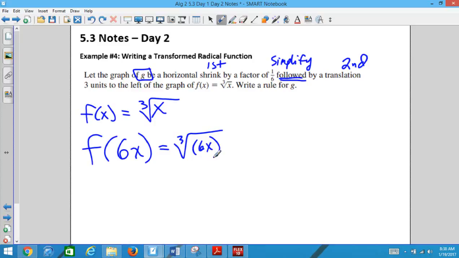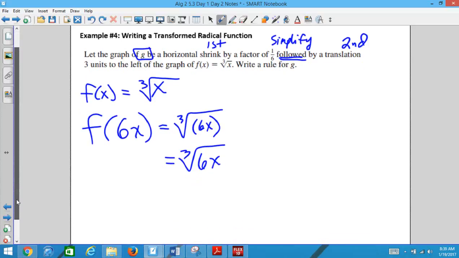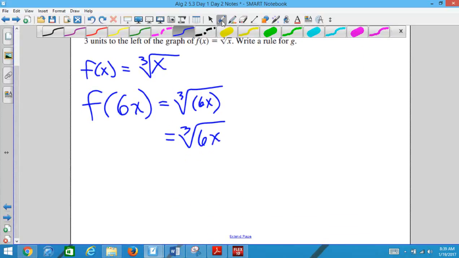Is there anything we can simplify? Parentheses out. We don't really need parentheses, right? There might be some things that you could simplify. This time, not really. Now we're going to do a translation 3 units to the left of the graph. So how do we do a translation 3 units to the left?